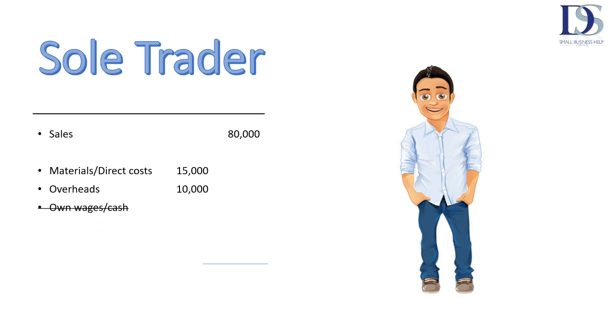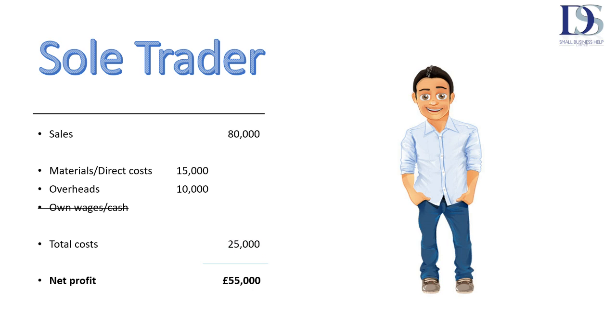But crucially, it doesn't include any money you take out for yourself, whether you call it wages or cash drawn. This is not deducted from your profit. So in our example here, we've got total costs of £25,000, which leaves us with a net profit of £55,000.